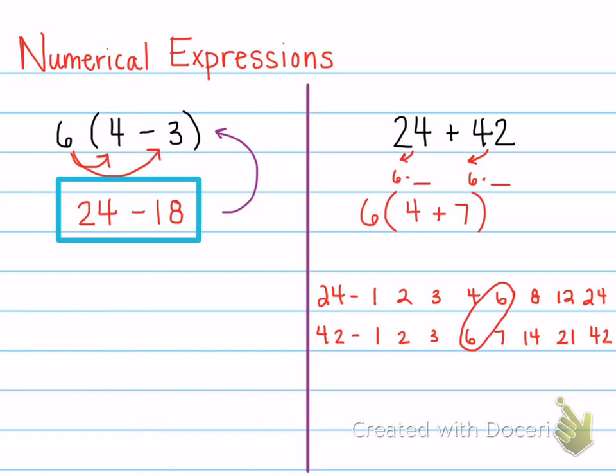Or you could even do the factor trees. Let me draw those real quick. 24, again, we did 4 and 6, 2 and 2, 6 is 2 and 3. 42 is 6 times 7, 7's prime, 2 times 3.